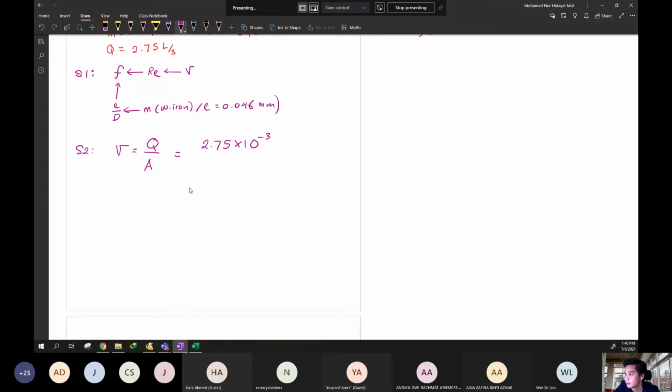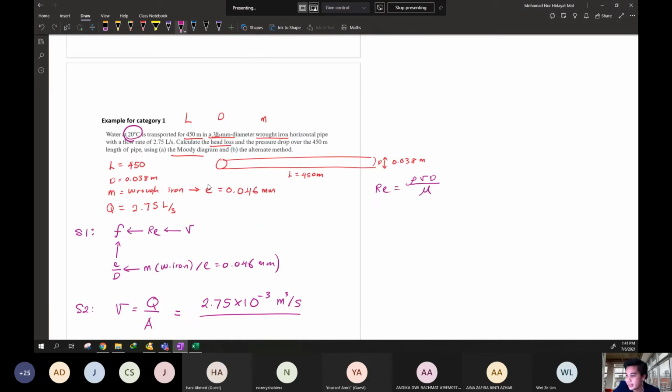This is the unit of meter cube per second over the area. So what's the area? Area of this cross-sectional area.